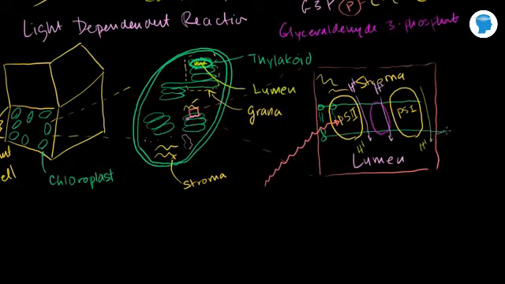So it's the exact same. Let me see if I can draw that ATP synthase here. You might remember ATP synthase looks something like this. Here you have a huge concentration of hydrogen protons. They want to go back into the stroma from the lumen, and they do. They go through the ATP synthase. Let me do it in a new color. These hydrogen protons make their way back down the gradient.